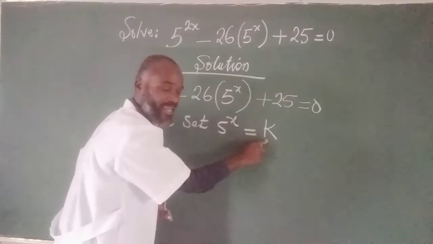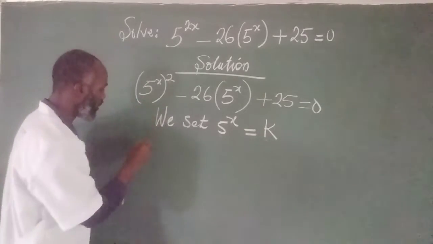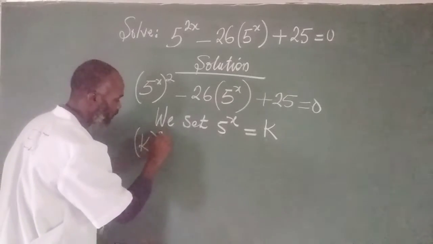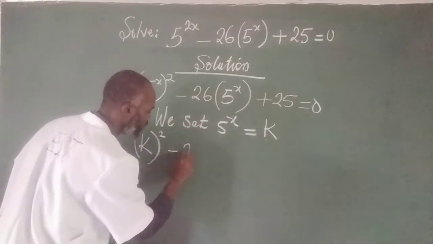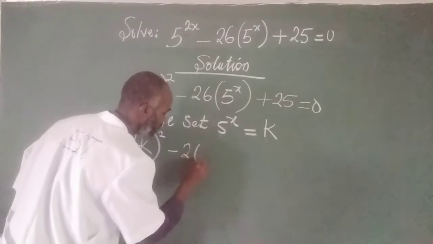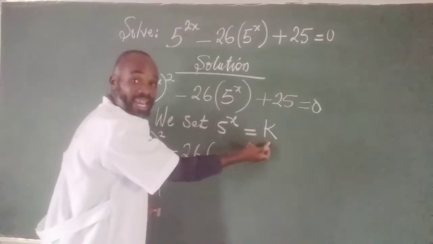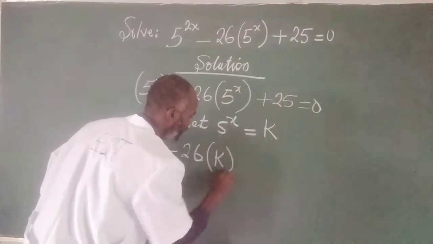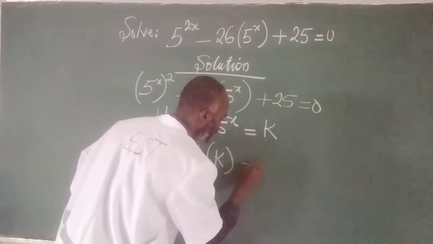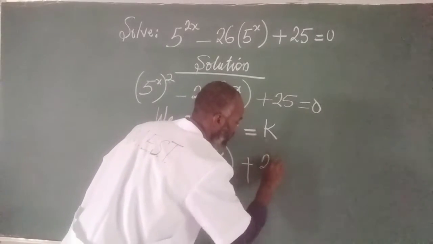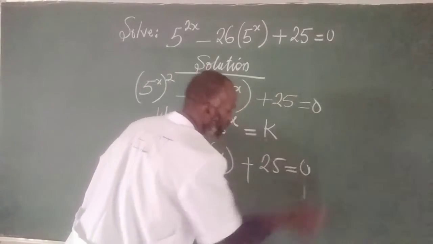So the first one here is k squared, then minus 26 times 5^x, we put k, and we don't have any 5^x here, we have 25, all equal to 0.